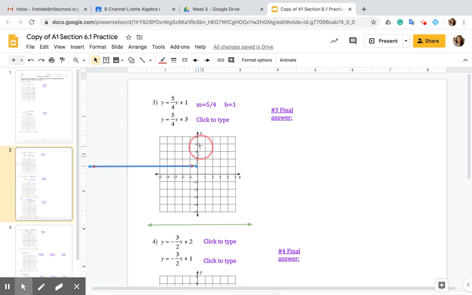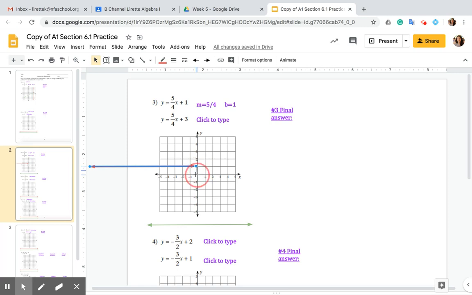But if you notice, 1, 2, 3, 4, I don't have the space to do that. I can't go up and right, but I can go from the y-intercept down and left. And remember, you want to move in such a way that it's positive because my slope is positive. If it was negative, you'd want to move in such a way that your line would look like this.